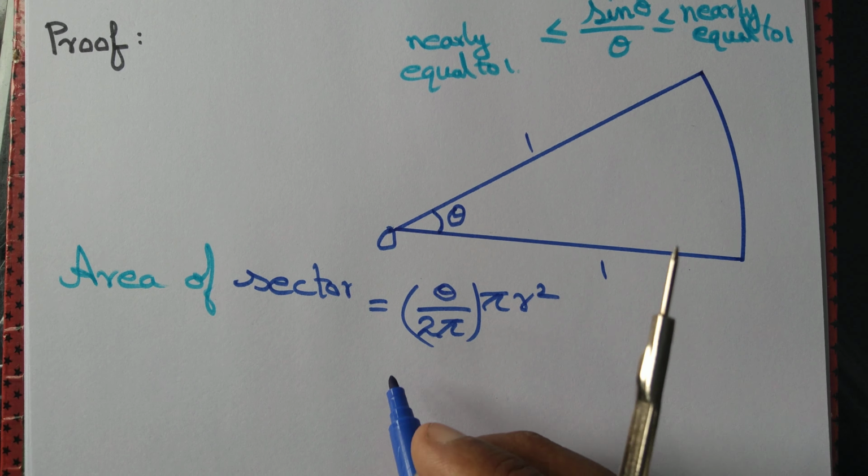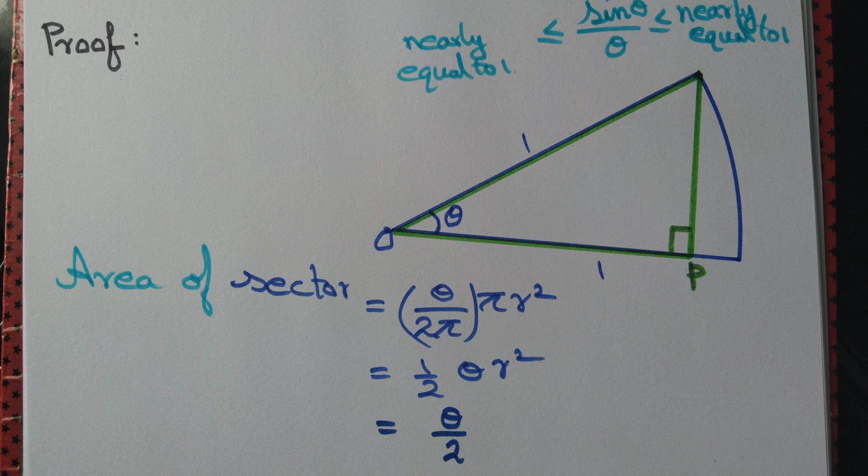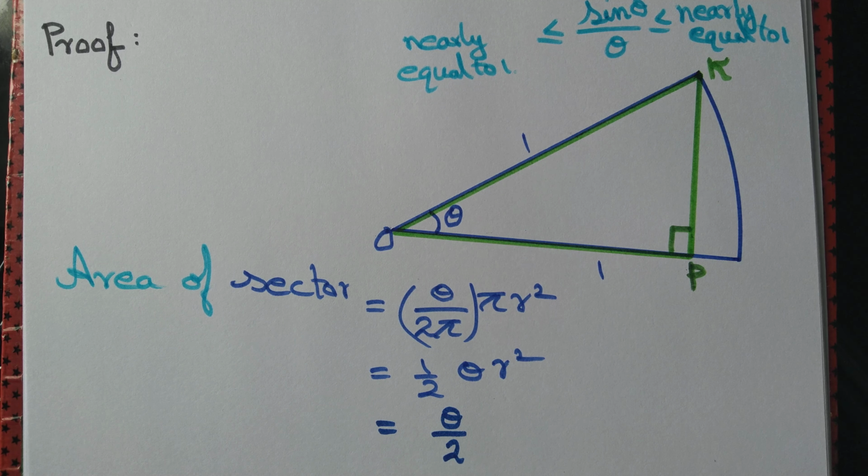To talk about sin theta, we draw a right angle triangle. So we draw an angle P that measures 90 degrees. Let OPK be a right angle triangle. Can we find the value of PK?